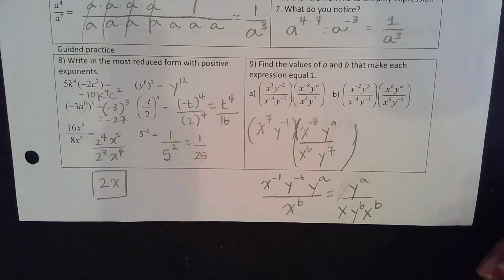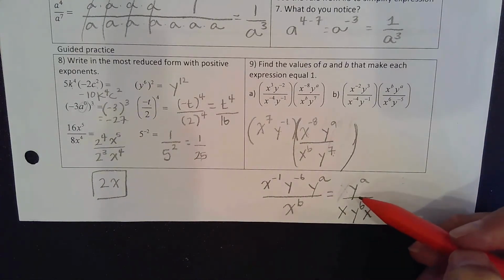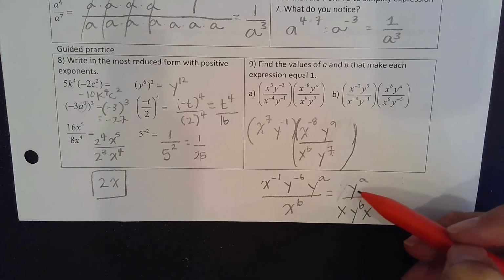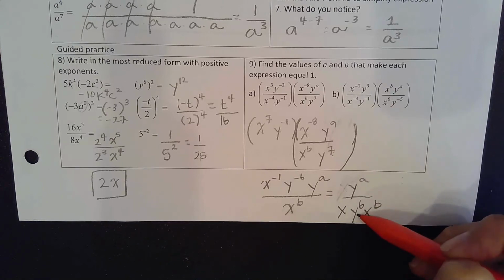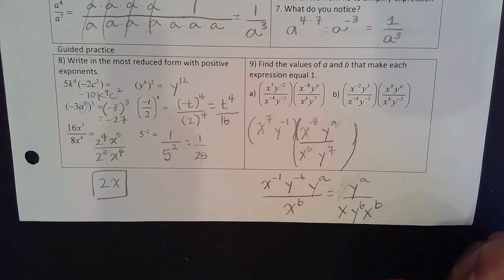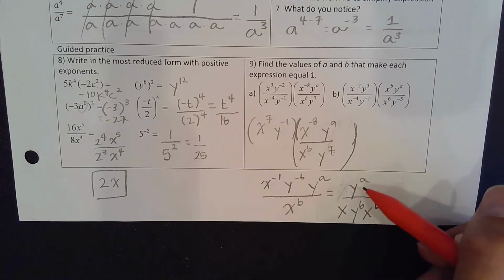Okay, so let's think about this for a second. So what does y need to be? So y to the a here, to make this go away, what does it need to be? Okay, so it's got to be equal to a 0, right?